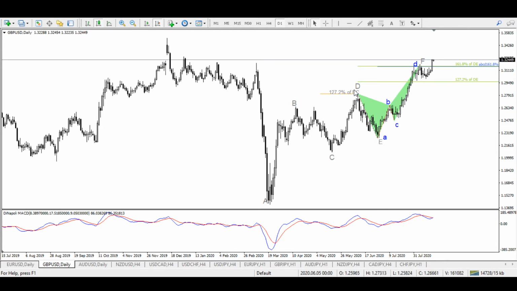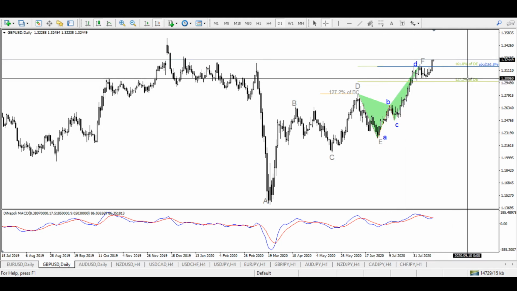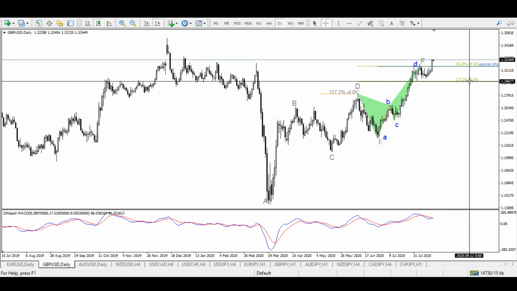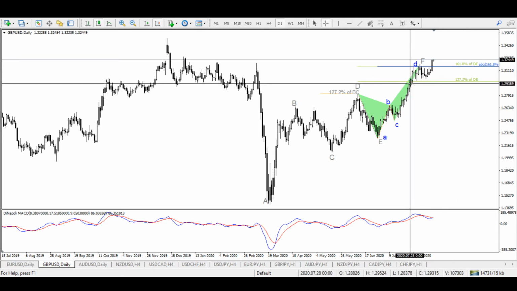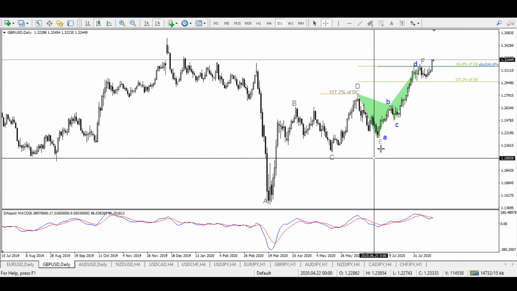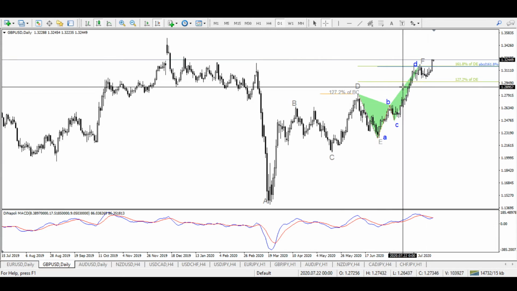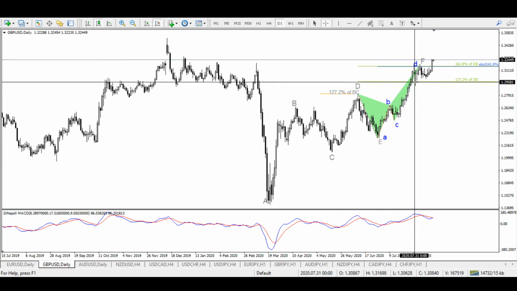So if CD, the second drive, was just 127.2% of BC, EF should also have been just 127.2% of its previous retracement D. So it should have been completed at this 127.2% of D, which was 2960 area. And if it was completed here, this three drive would be mathematically harmonic.